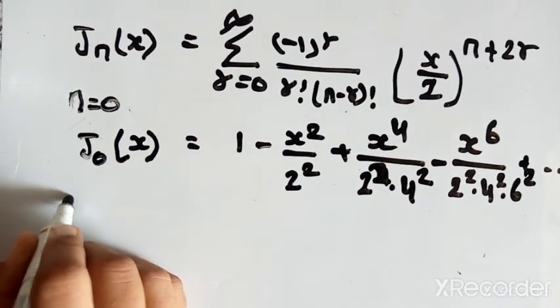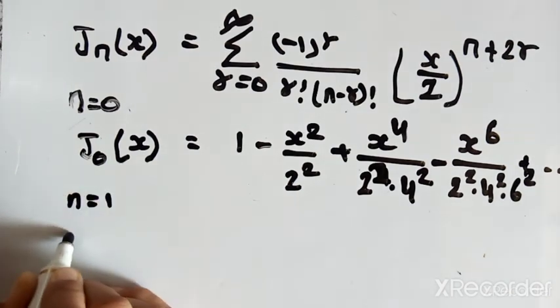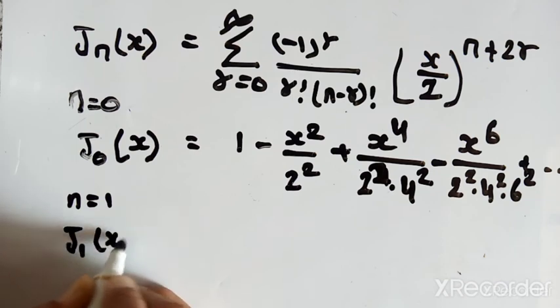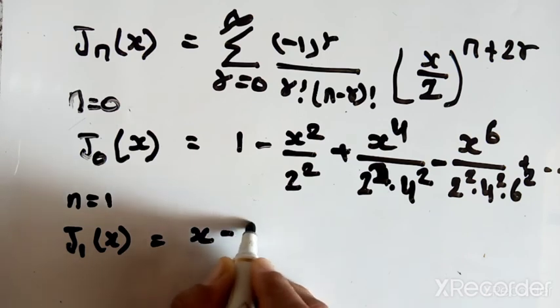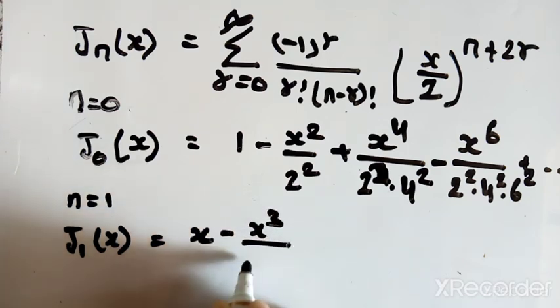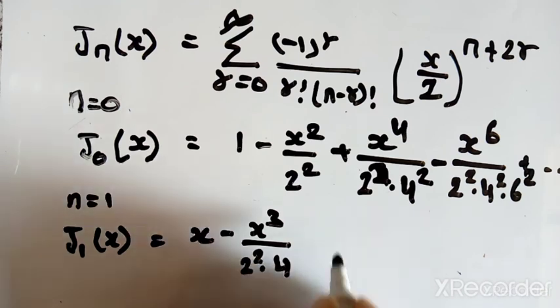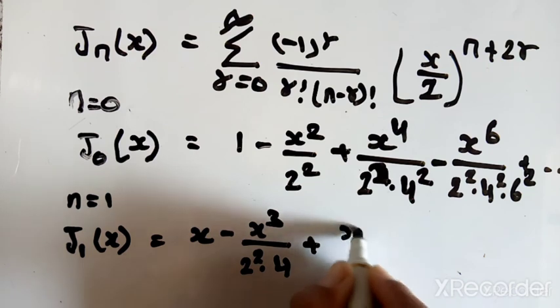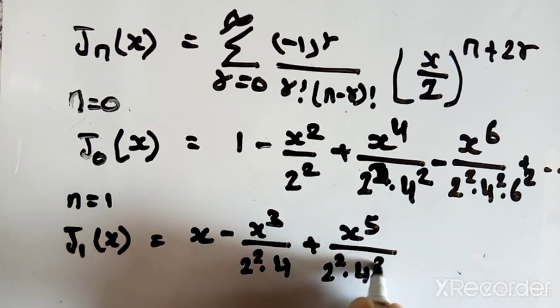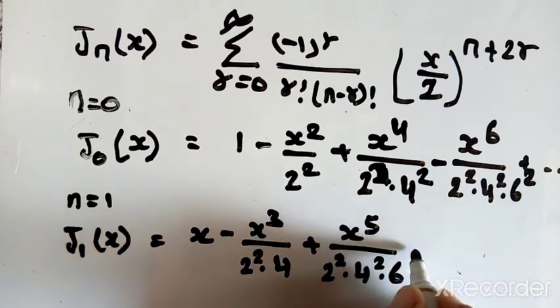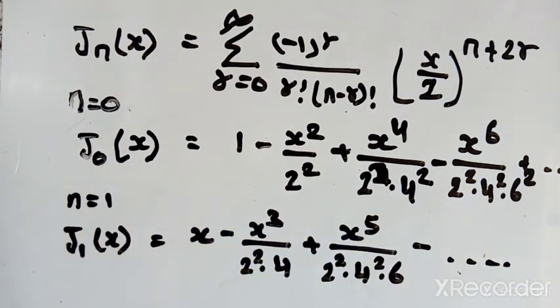Now take n equal to 1, we get the result J1 of x. We also find a series: x over 2 minus x cube divided by 2 power 2 into 4, plus x power 5 over 2 power 2 into 4 power 2 into 6, with alternating signs, and continue this series.